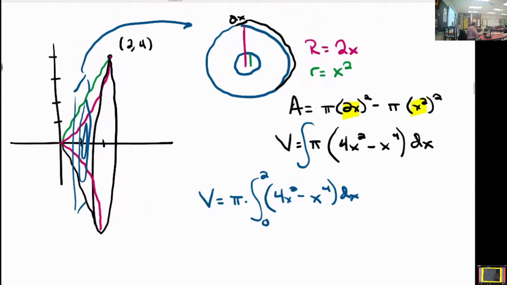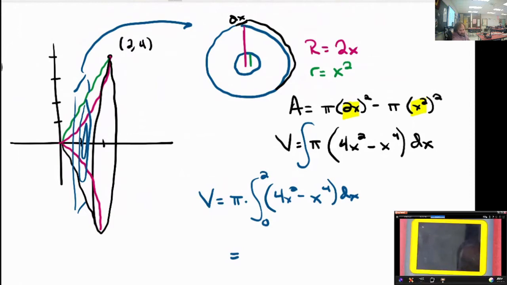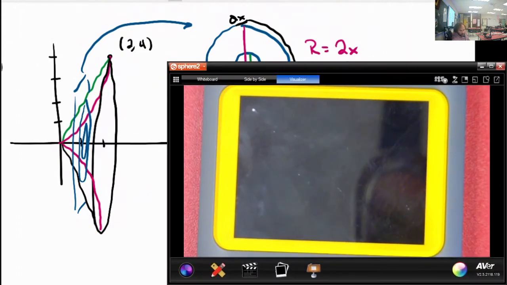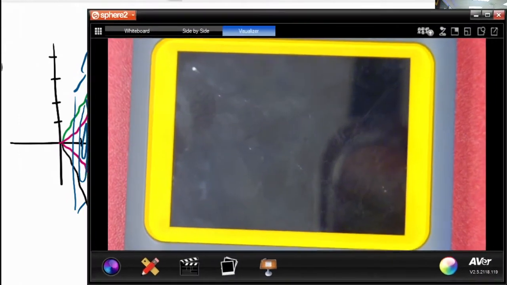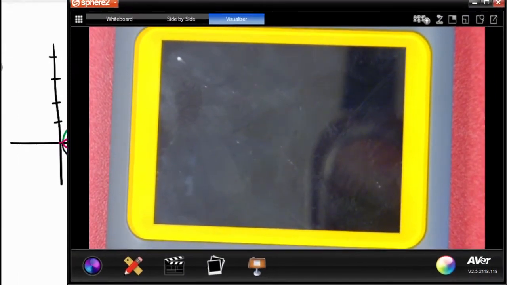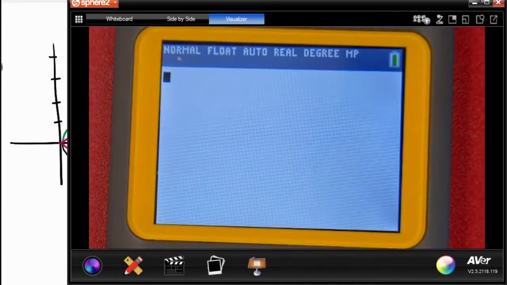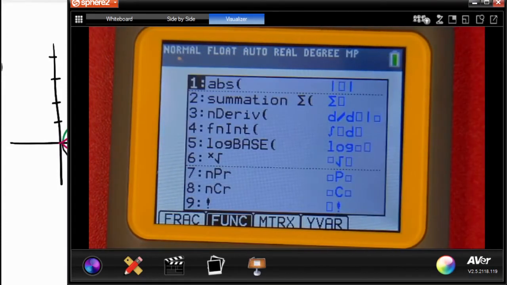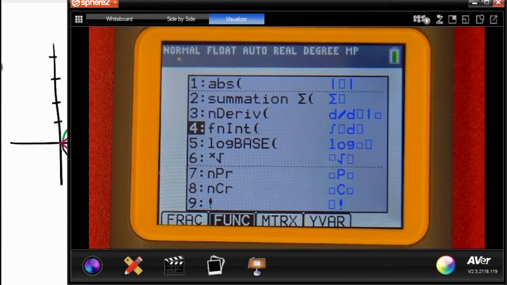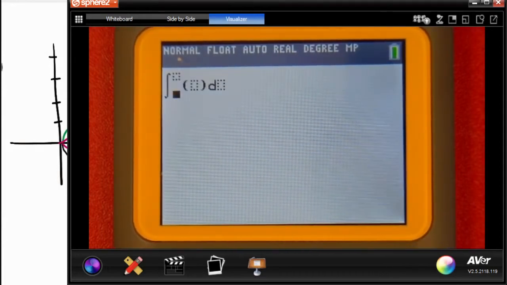Because we are going to compare the actual answer here, we should go on a calculator and find what this answer is. So here's where I'm going to scroll over here. You guys can't see I'm recording this right now, but let me move it over here. You can see the recording. That's great. I'll bring calculator cam up to the front. And we're going to carefully plug this into our calculator. We're going to go to alpha F2 and pick out our fnInt tool. We're going to go from 0 to 2.